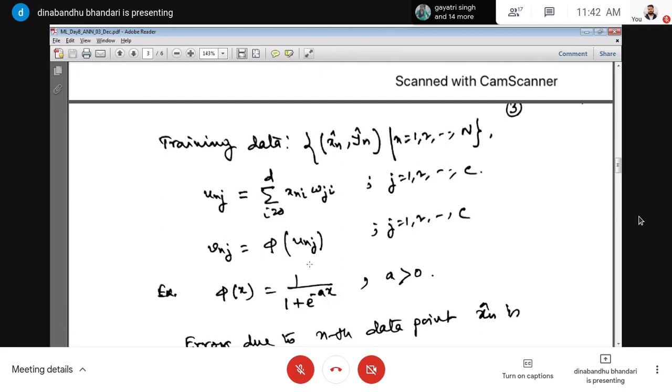This is the sigmoidal function, and it has a lot of advantages. If time permits, I'll tell you later. Note that this capital A is greater than 0, and depending on the value of A, the form of the function is different. The inclination of the curve will be different.